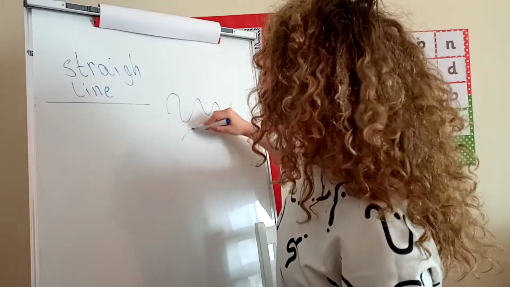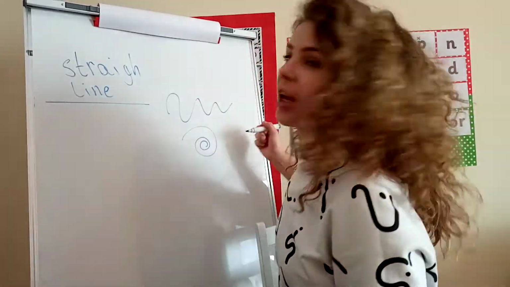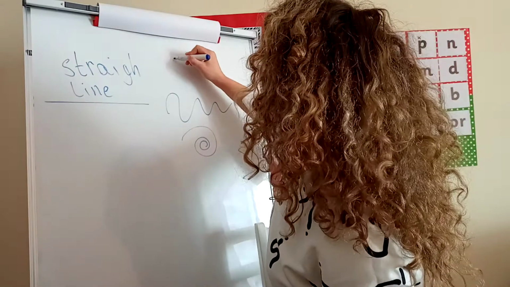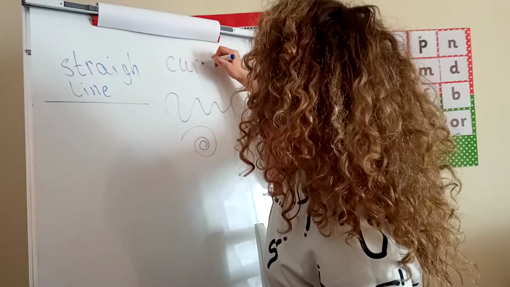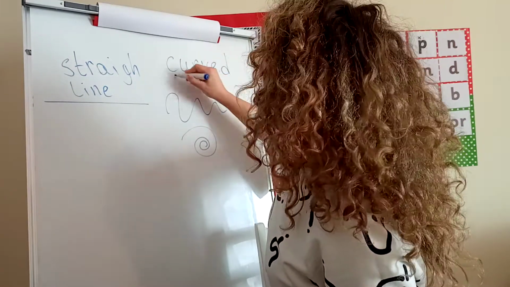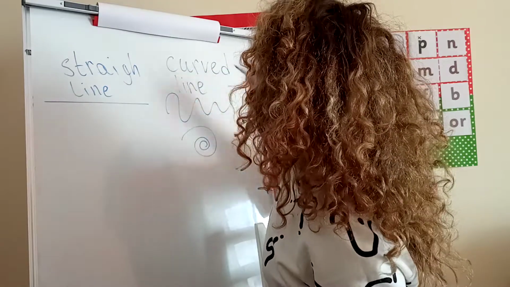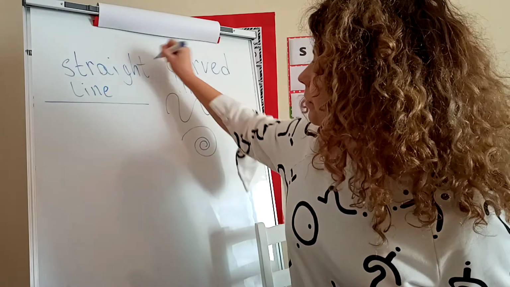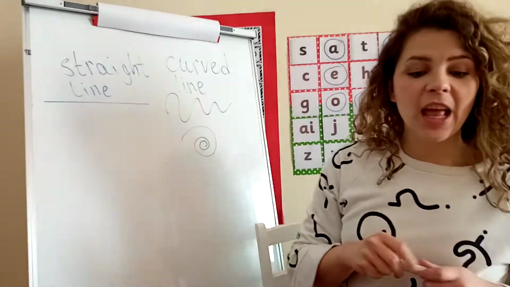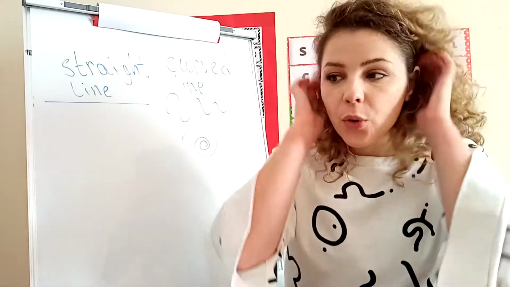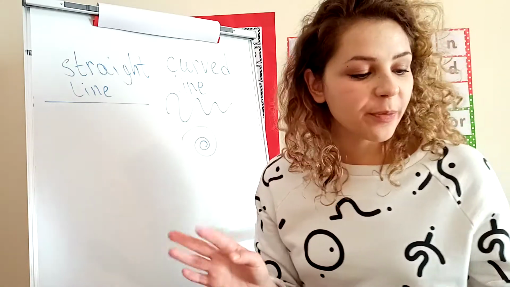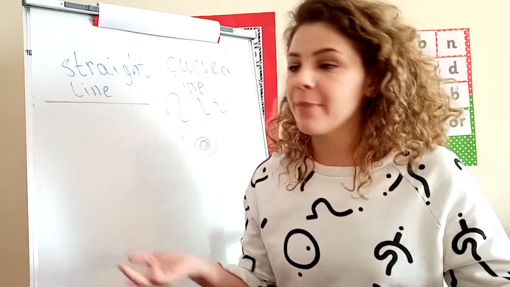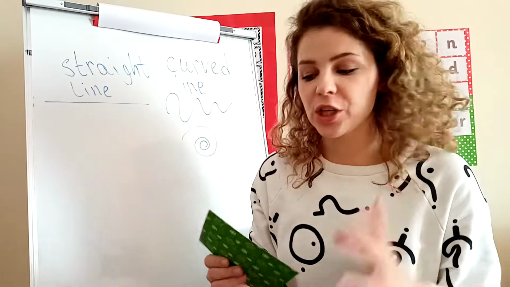This is a curved line, this is a curved line, okay? Any way you want, you can make a curved line, yeah? Now, again, we have straight and curved lines. So let's go one by one of these shapes and describe them using these two expressions, yeah?